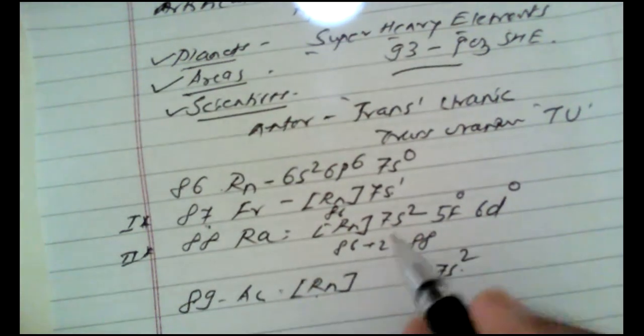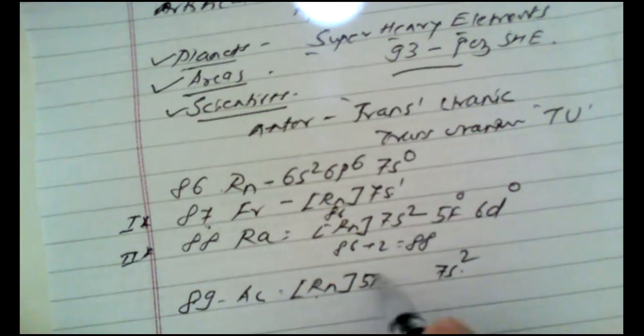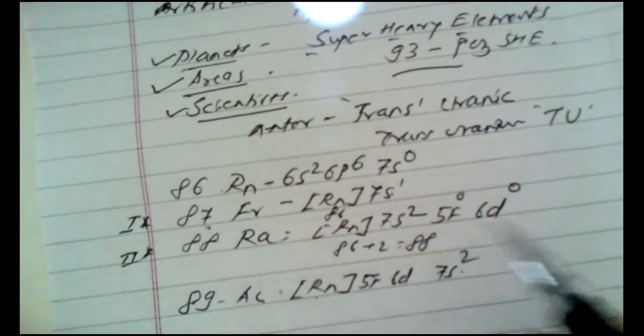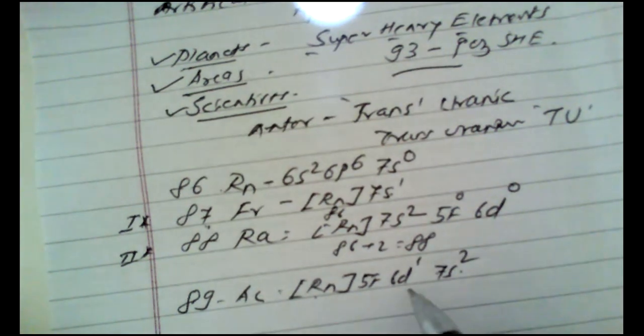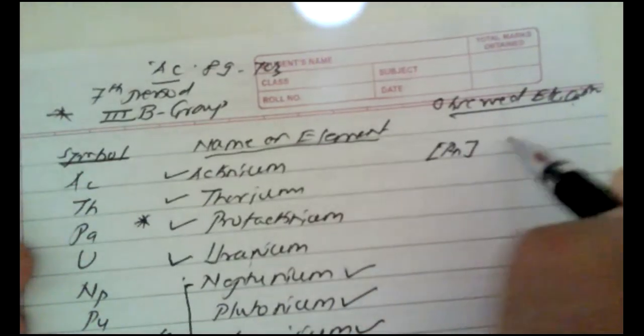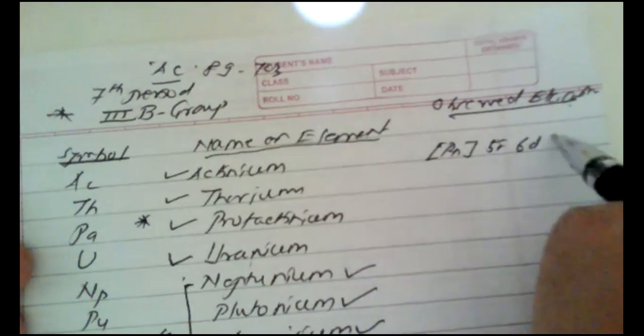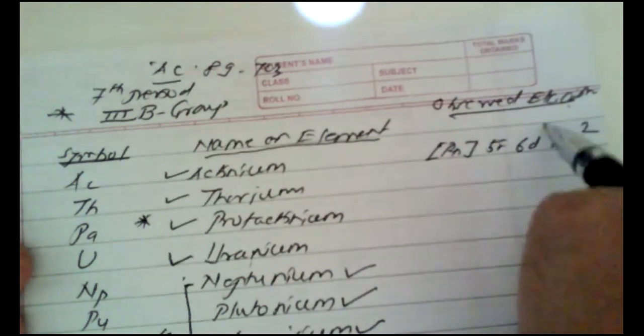The next higher energy orbitals are 5f and 6d. The 6d orbital is nearer in energy to 7s, so the incoming electron now enters 6d, and 5f is again empty. So 86 plus 2 is 88, plus 1 is 89. We can write this electronic configuration as radon 7s2 6d1 5f0.